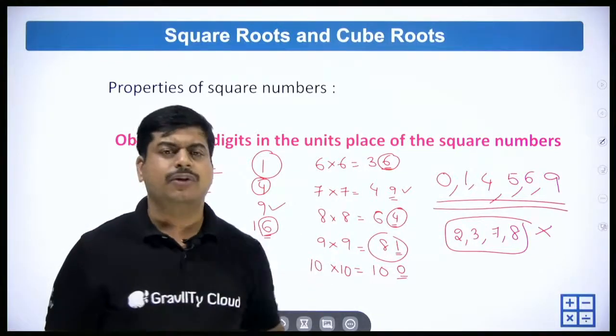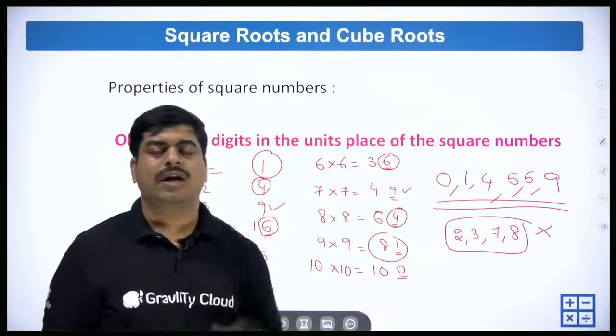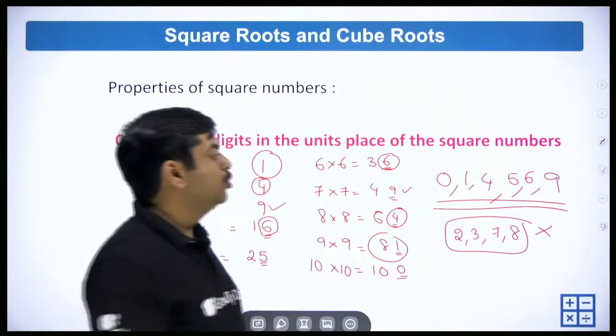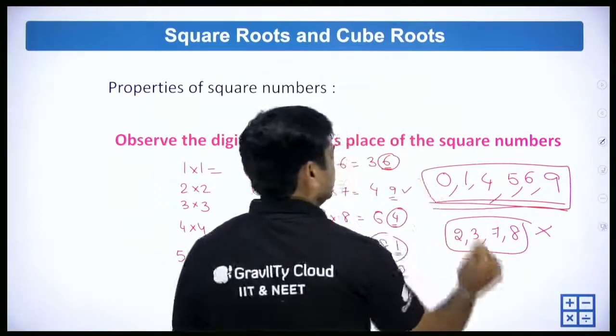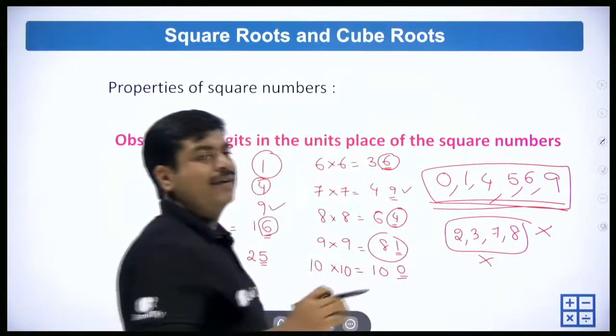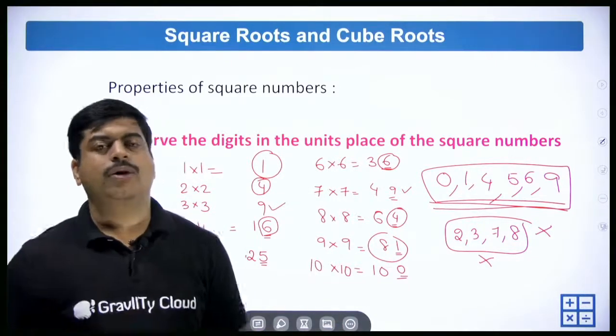Take any random number, 22 into 22, 23 into 23, 24 into 24, 25 square, 26 square, whatever number you take, your units digit will always end with 0, 1, 4, 5, 6, 9. Wherever you have 2, 3, 7, 8, you can straightforwardly say that there is no perfect square for that.